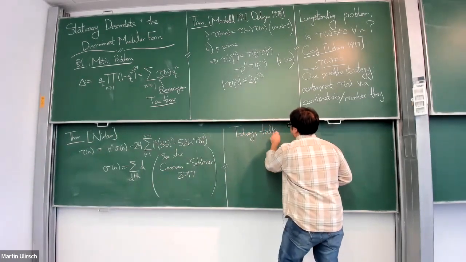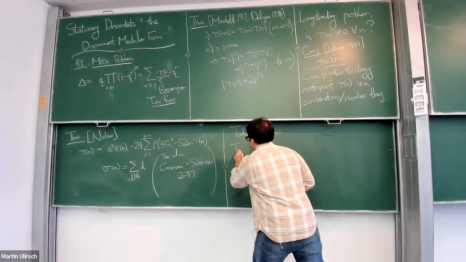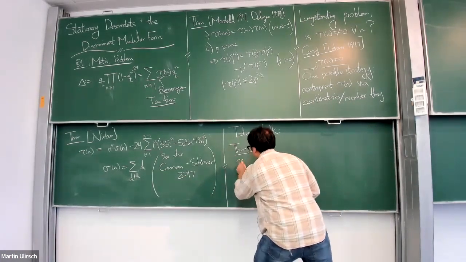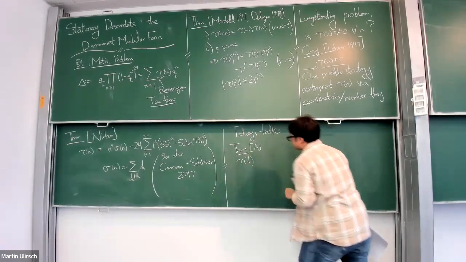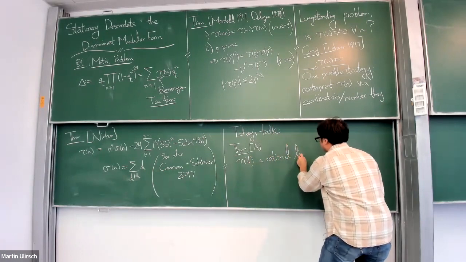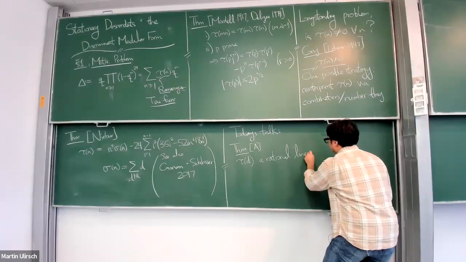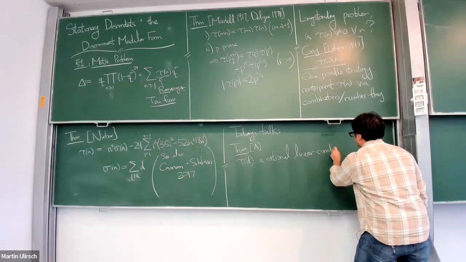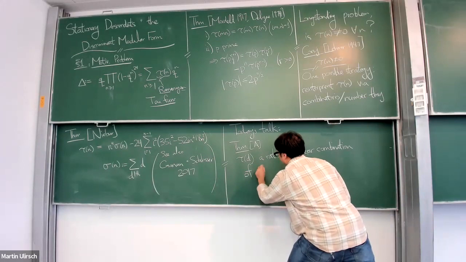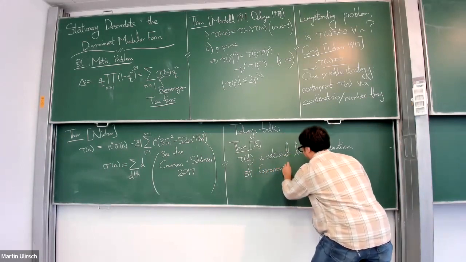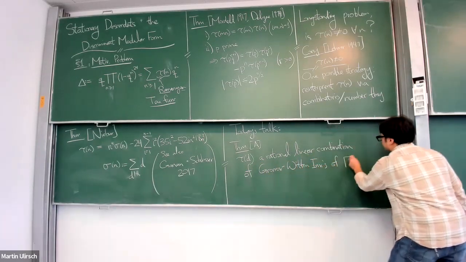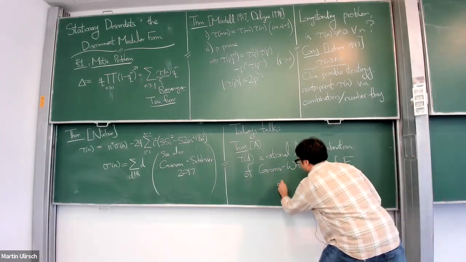I want to essentially discuss the result that says that this tau function is really a rational linear combination of Gromov-Witten invariants of a smooth elliptic curve, which I'll call E, of degree.